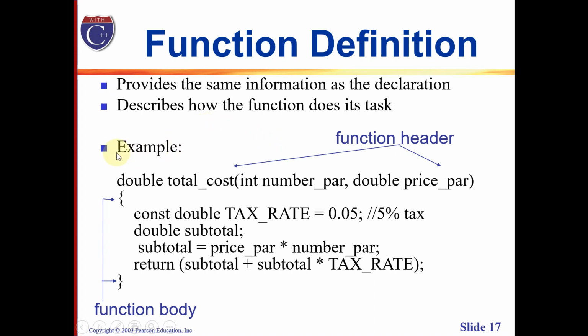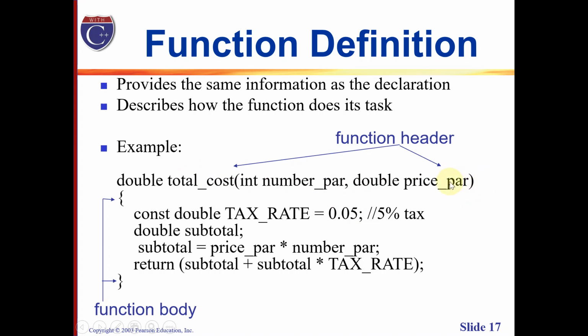For example, we have the following definition for the function that we declared a while ago. As you can see here, we have the same return type and function name, as well as the parameter list that will be required by the function later when it is called.